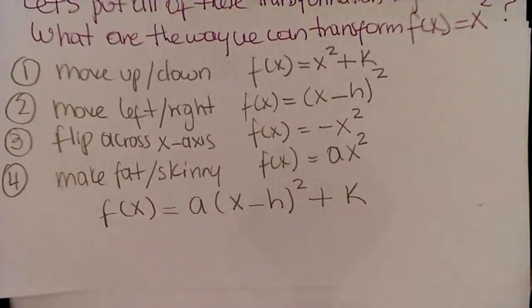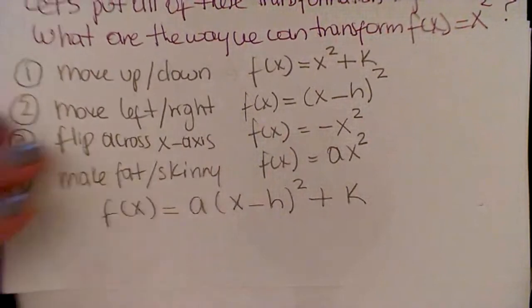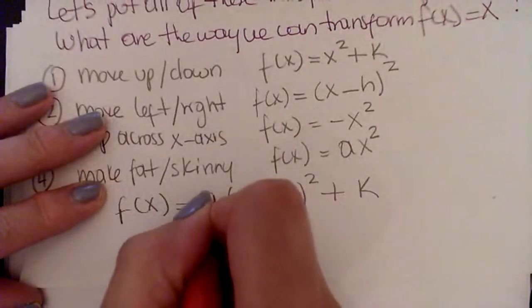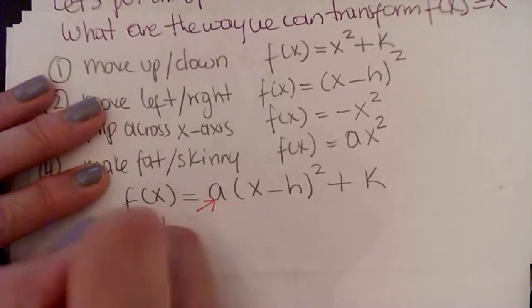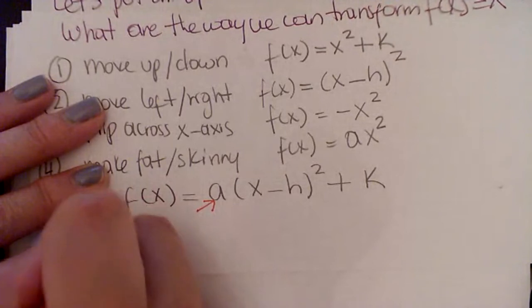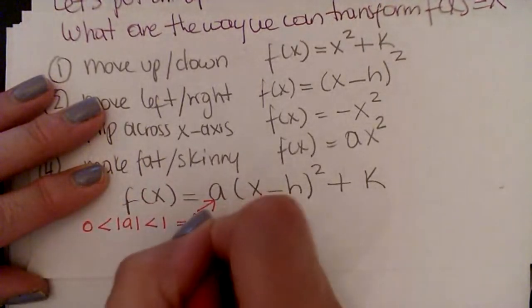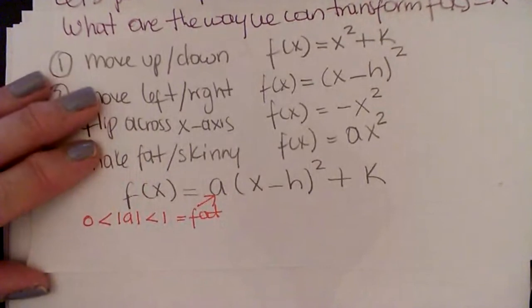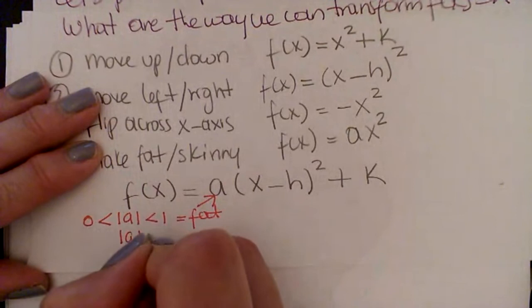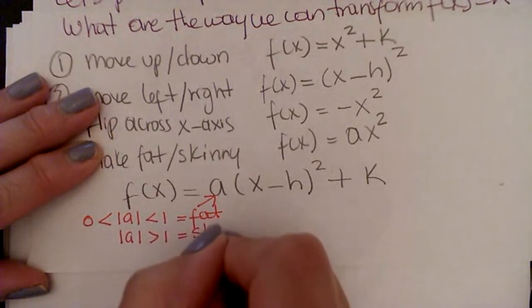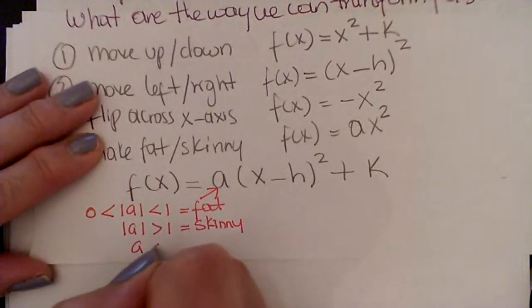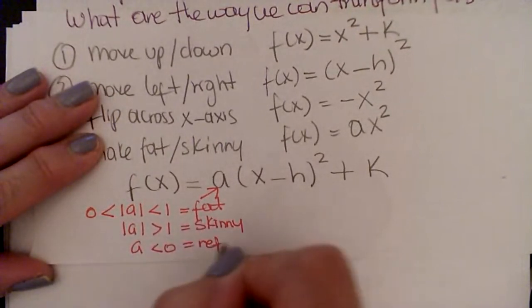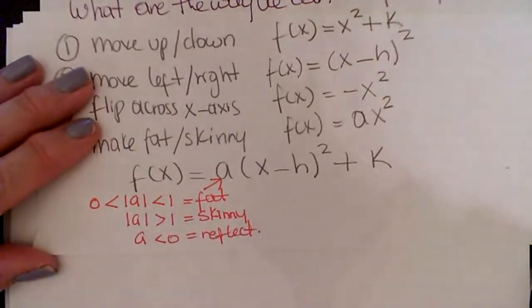And let's work on this. So we have a, the absolute value of a needs to be less than 1 and greater than 0. When that happens, we have a fat graph. When absolute value of a is greater than 1, it's going to be skinny. And when it's less than 0, it's going to reflect.